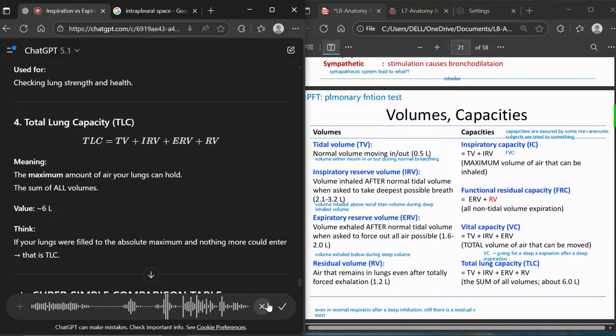I understand that. Then why would they calculate total lung capacity as TV, IRV, RV, and also ERV? Because ERV comes on a different occasion, right? It is coming when you are expiring the air. I don't get it. Please understand me.